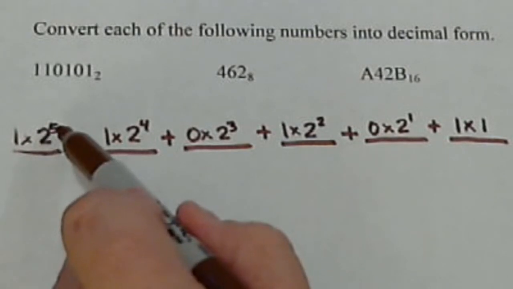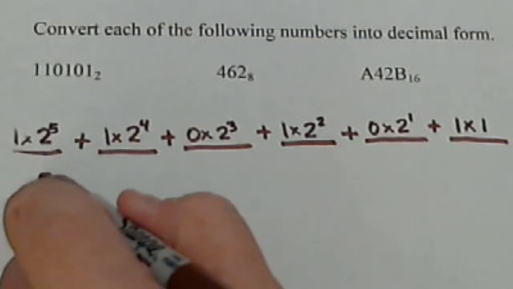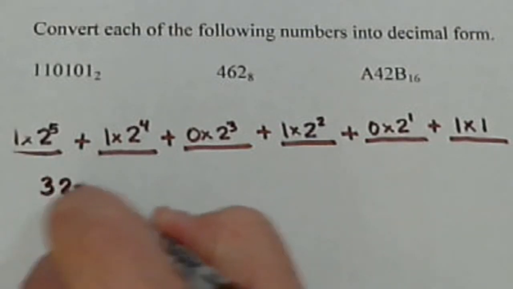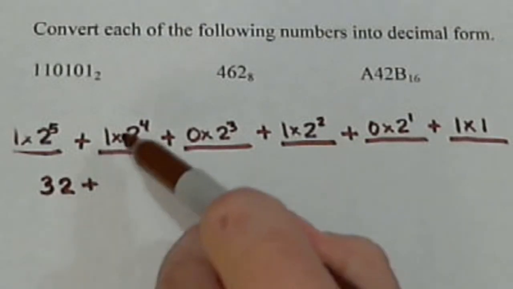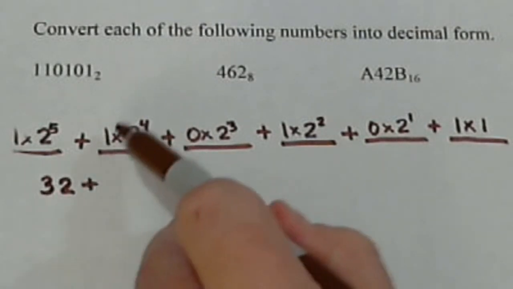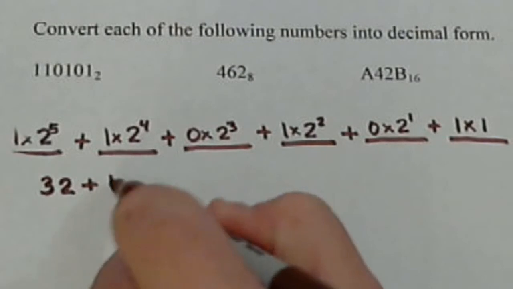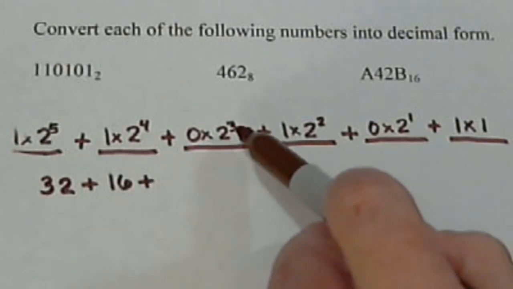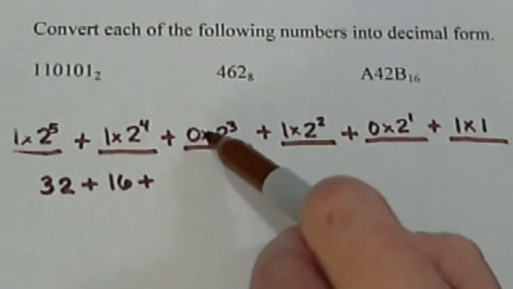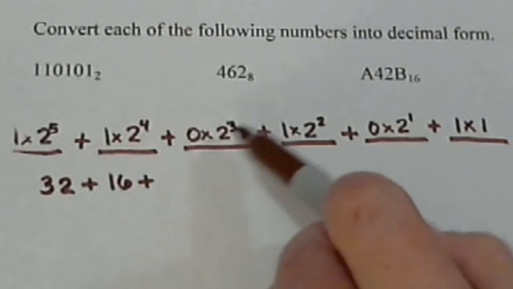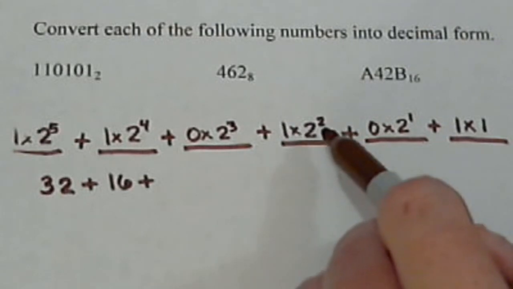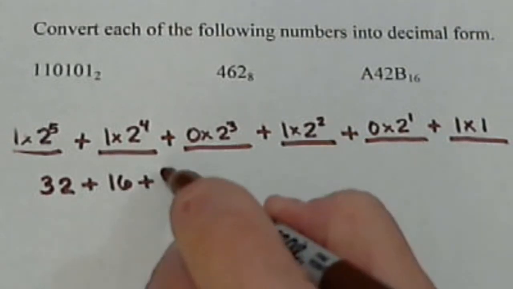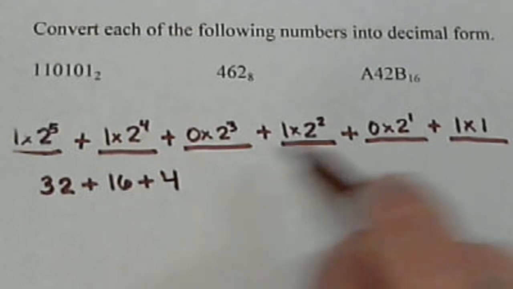2 to the fifth power is 32 times 1, so that's 32, plus 2 to the fourth power is 16 times 1 is 16, plus, well, 2 to the third power is 8, but that's not really important because we're going to multiply it by 0 anyway, and so that term goes away. 2 squared is 4. 4 times 1 is 4.